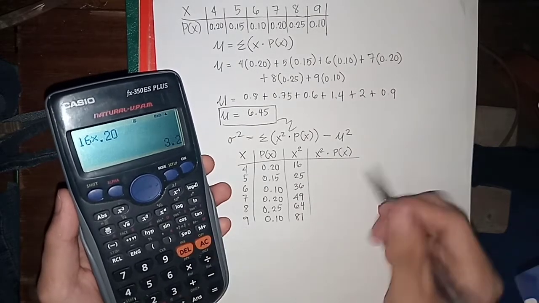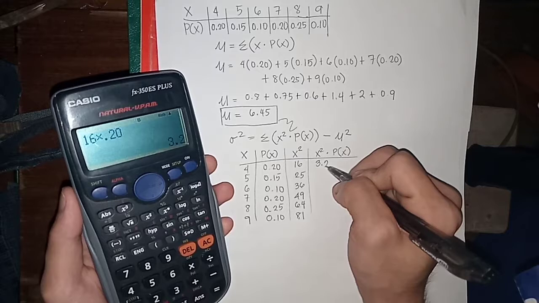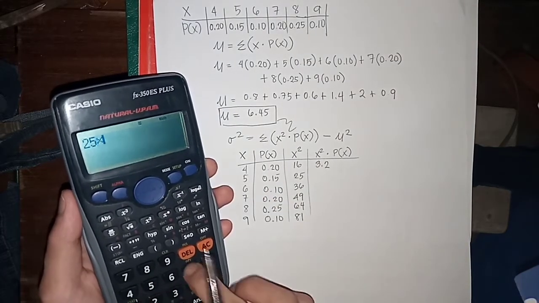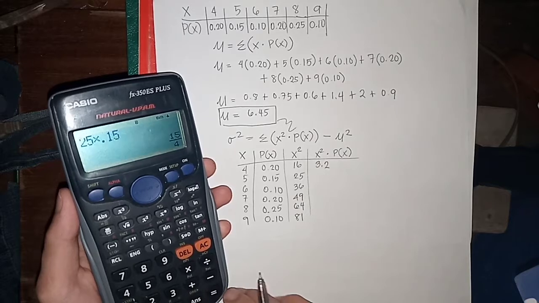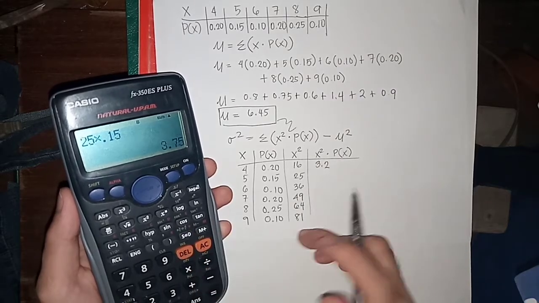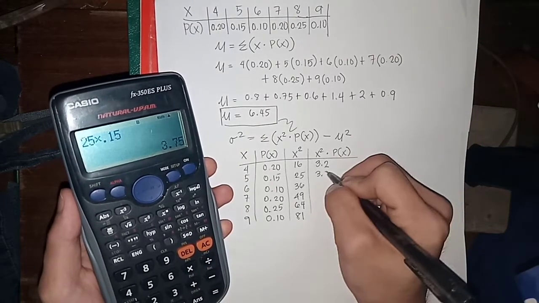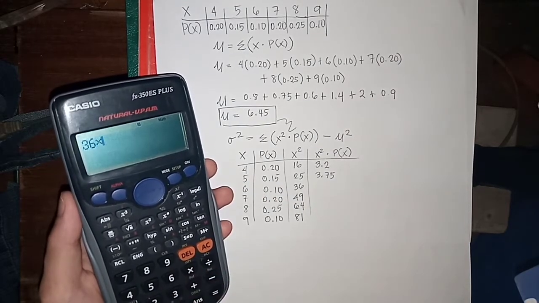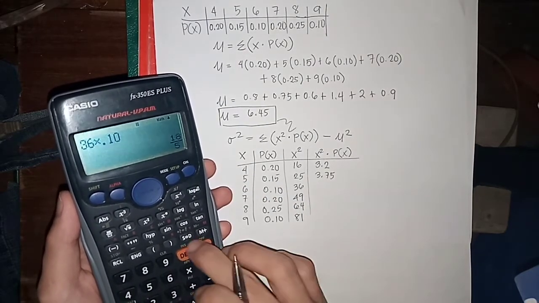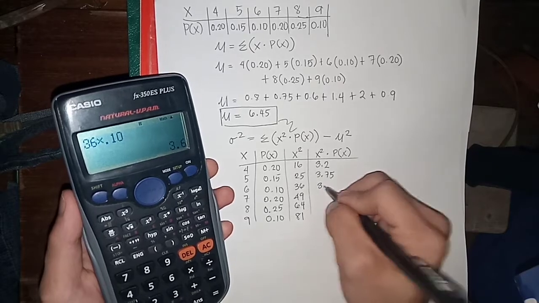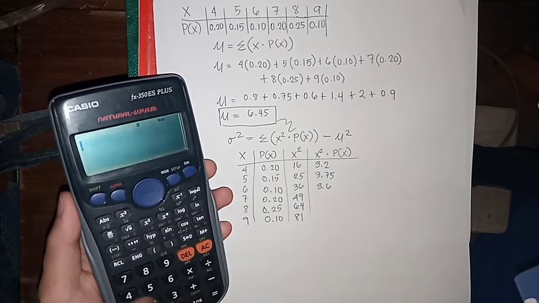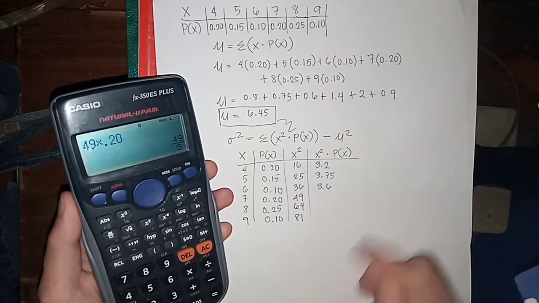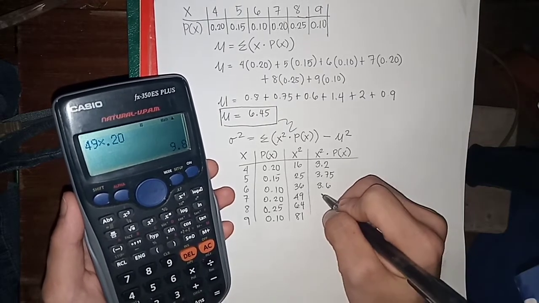So, I have 3.2. 25 times 0.15, that is equal to 3.75. 36 times 0.10, so I have 3.6. 49 times 0.20, so I have 9.8.